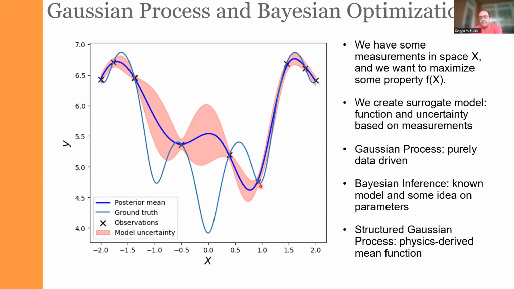If we do it purely on data, this is called a surrogate model. So Gaussian process itself is purely data-driven. Bayesian inference is the case when we have a model and have some idea of the parameters. Structured Gaussian process is when the mean function represents partially known physics of the process.